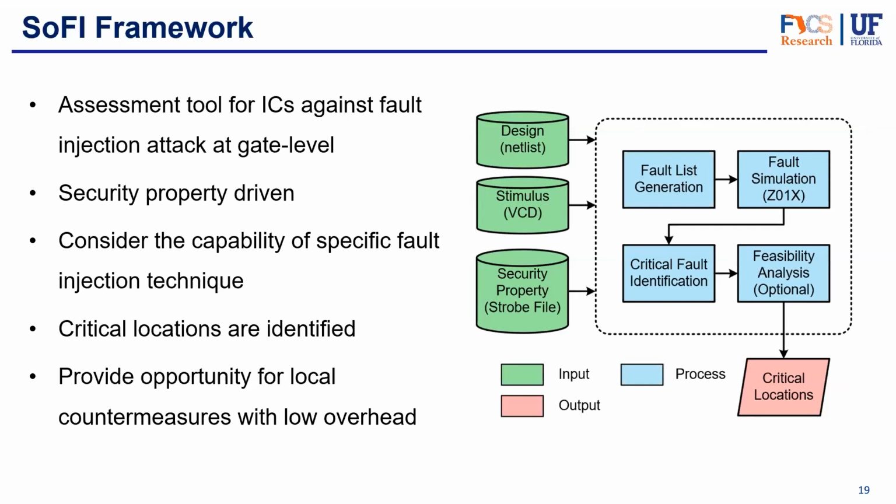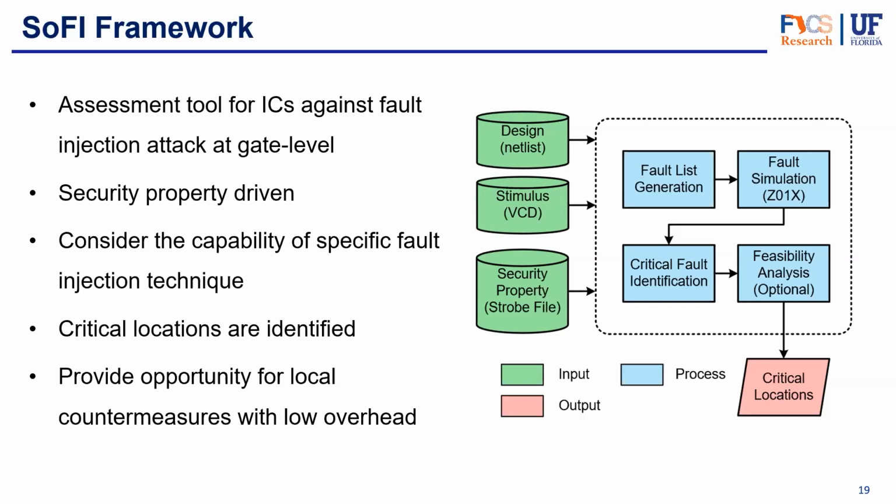So we developed a framework, we call it SOFI. SOFI is based on security properties of the design. It takes as an input a set of security properties of the design, and then based on the fault modeling and the fault characterization that we create, we produce a fault list and give it to a fault simulator.